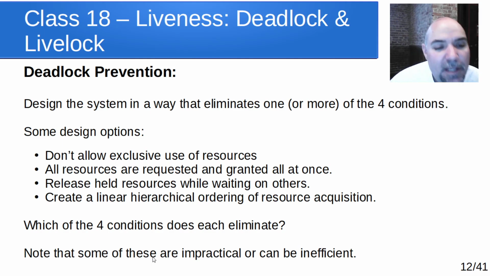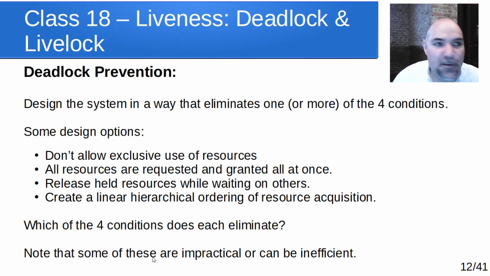The last one is to create a linear hierarchy, where you give a priority level to each of the resources, and you require them to be allocated in the order of their hierarchy. That means that if somebody needs the hammer and the saw, they'll always get the hammer first and then the saw.